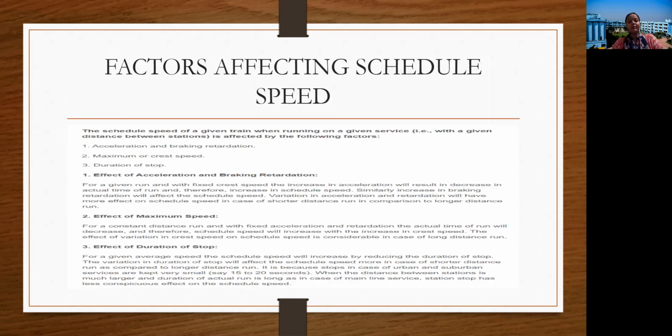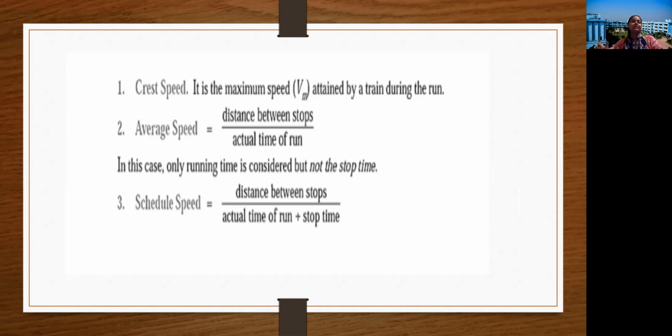Effect of maximum speed: if maximum speed, Vm, is higher, actual time of run will be lesser. We can cover the same distance in very little time, and that will increase the schedule speed.